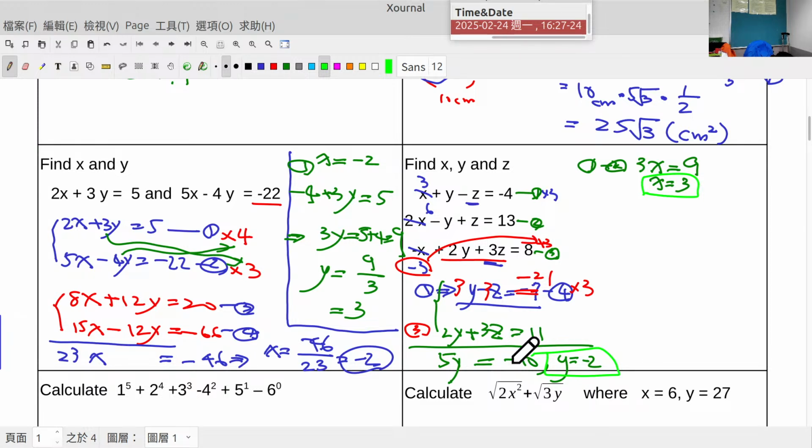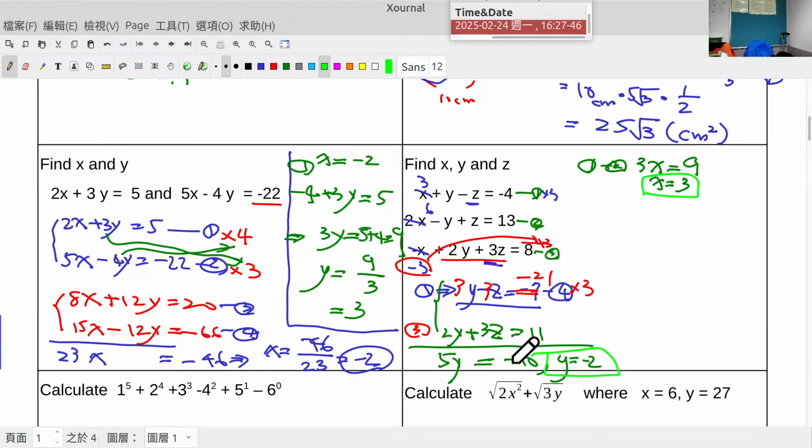How can we get the z value? Forget my notes here. x plus y minus z is minus 4. Now we have x is 3, put 3 here. y is minus 2, put it here.